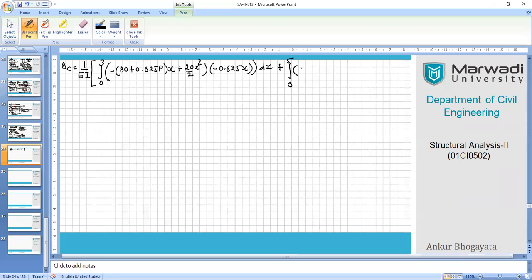The calculation is like 80 plus 0.375 P times into x minus 20 x square by 2 into 0.375 x. Bracket completes, and then we have, sorry, it looks a little bit ugly, but dx.